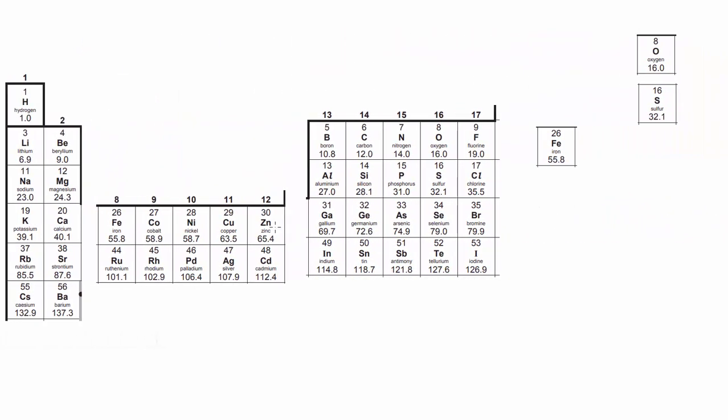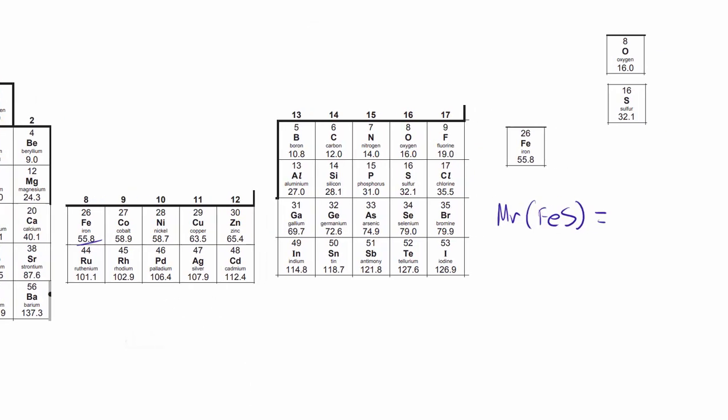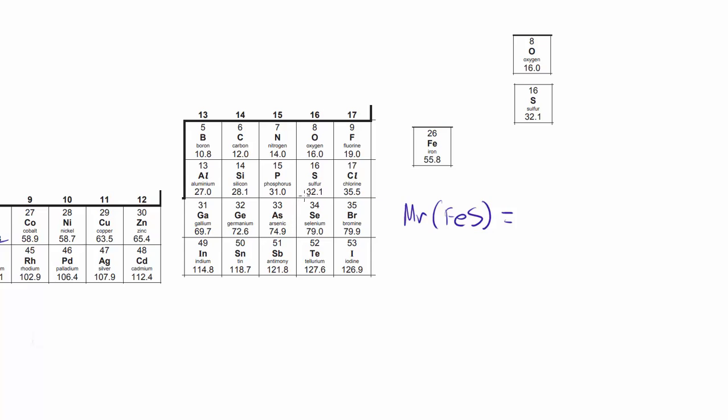So the molar mass of FeS is equal to, right? We've got iron here, which is 55.8. We've got sulfur here, which is 32.1, right?